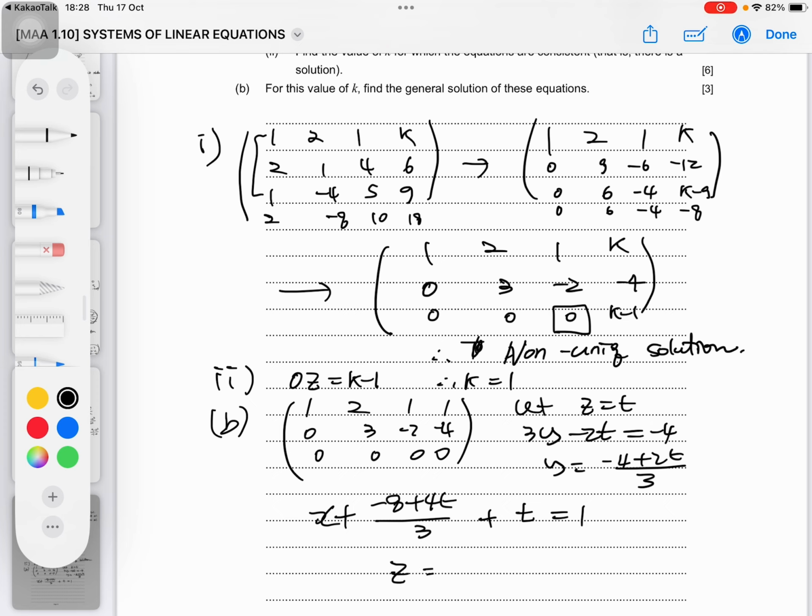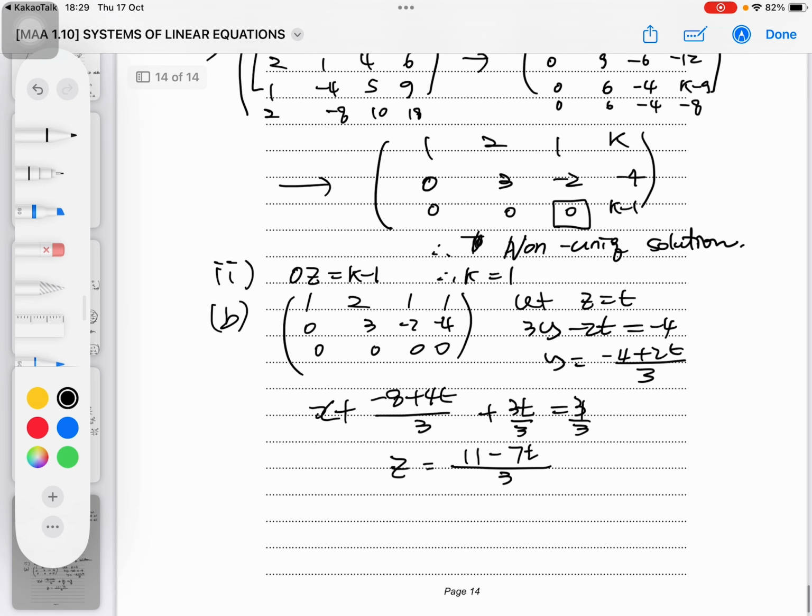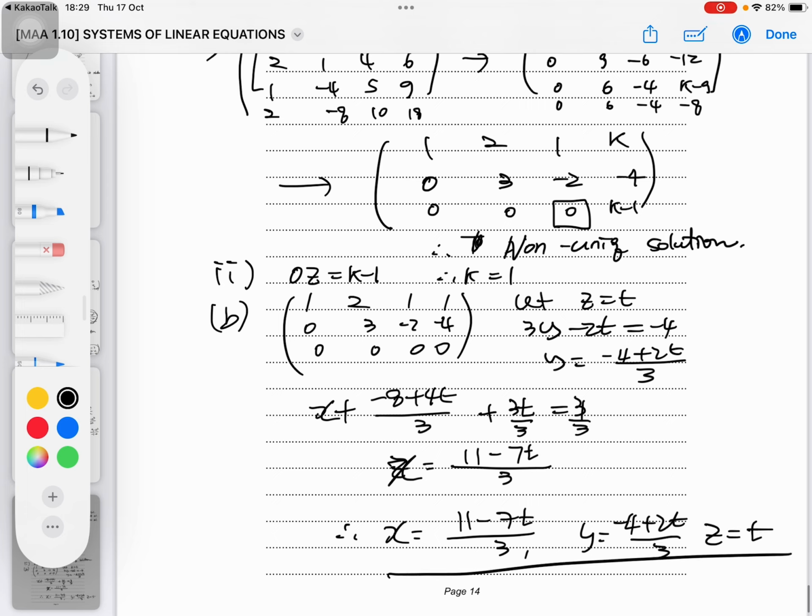So x equals 11 minus 7t over 3. Y equals negative 4 plus 2t over 3. Z equals t. So this is the answer.